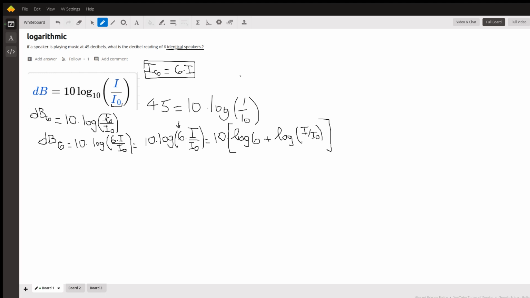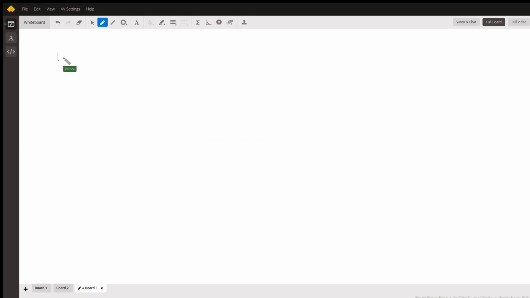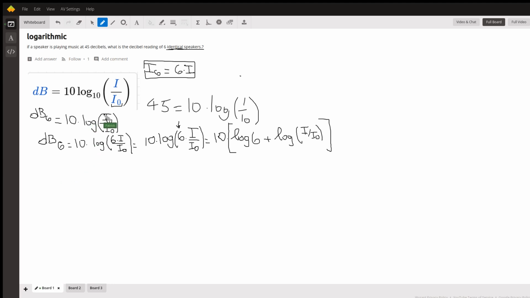If we distribute that, we get 10 times log 6 plus 10 times log I over I naught. Now look at that, especially this 10 log I over I naught. That's the formula for the sound level of one speaker.